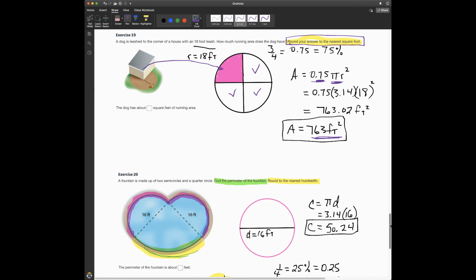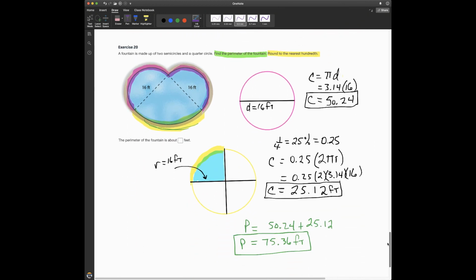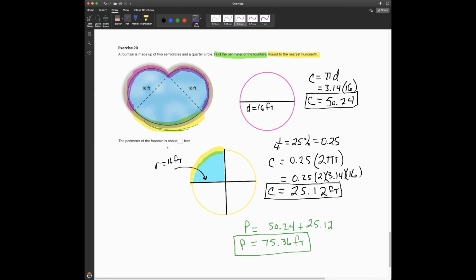And finally, the last problem, exercise 20, find the perimeter. So I take the two pink pieces of the fountain and I make a circle out of it. I find the perimeter of that circle, and I forgot my units here, so this should be 50.24 feet. For the yellow piece, that's just 1/4 of a circle.